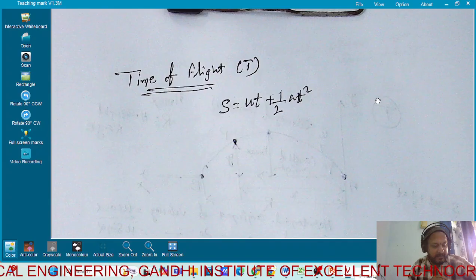Because the particle reached from point A to point B. Now from that equation, it is u sine alpha into T. This you take to the other side, it becomes positive. It is half gt square. Is it correct?